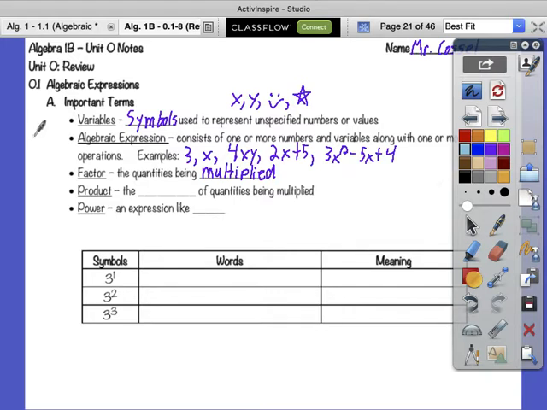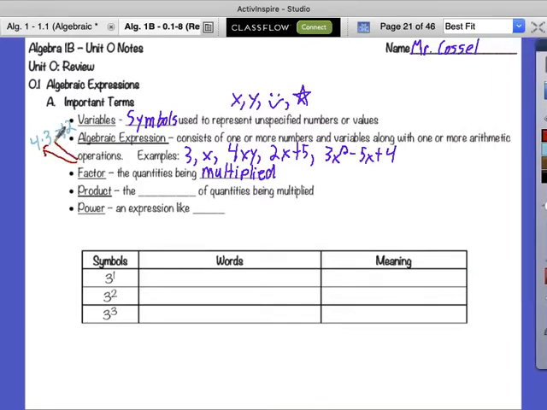If I have 4 times 3 is equal to 12. 4 and 3 are factors. 4 and 3 would be factors there, okay? So here we have 4 and 3 are both factors.